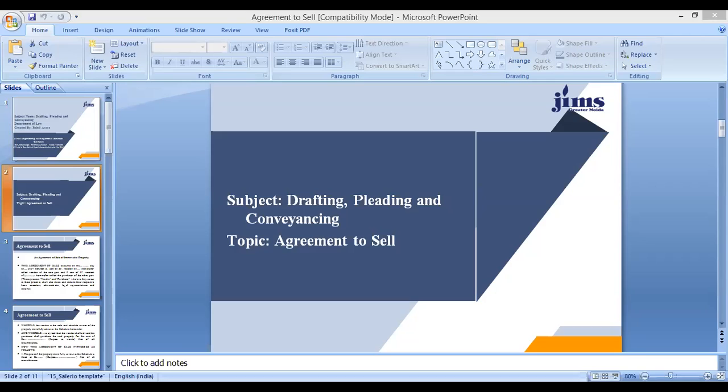As regards an agreement to sell of movable property, I would like to submit that one of the foundation concepts in the Sale of Goods Act is the sale and agreement to sell.